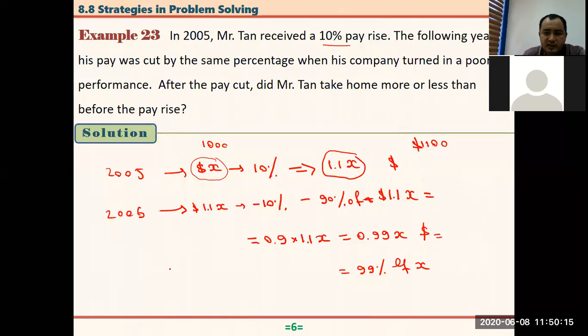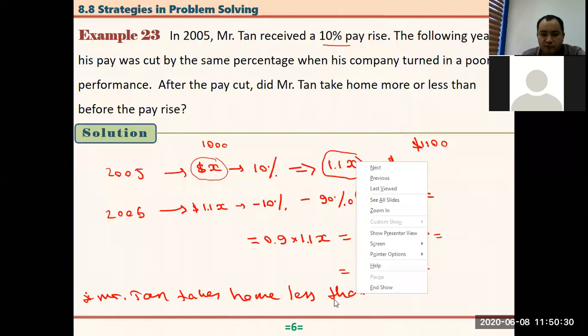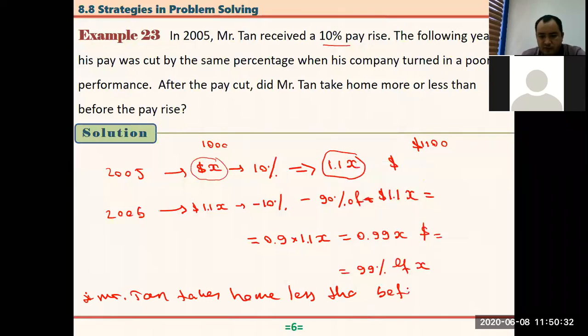So we just write here, Mr. Tan takes home less than before the pay rise.